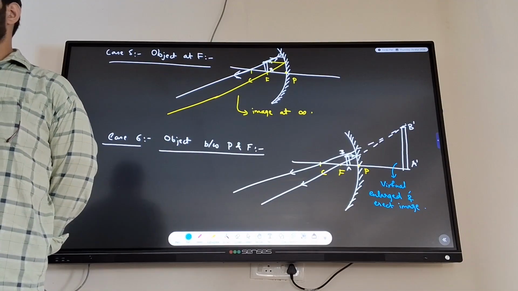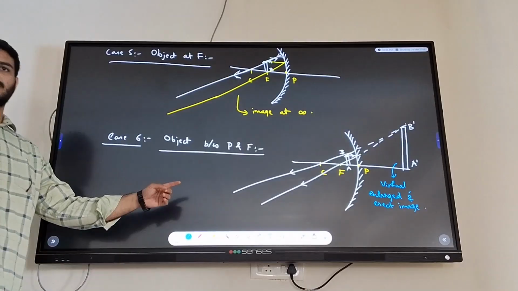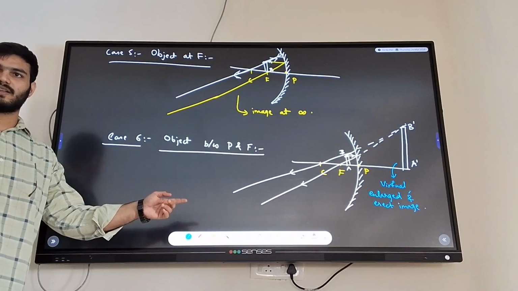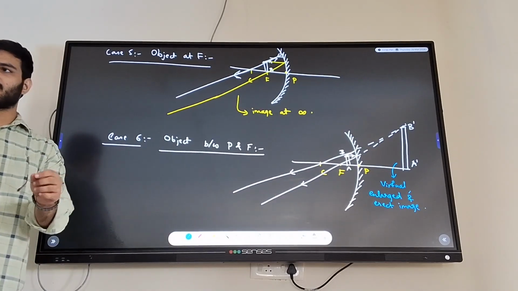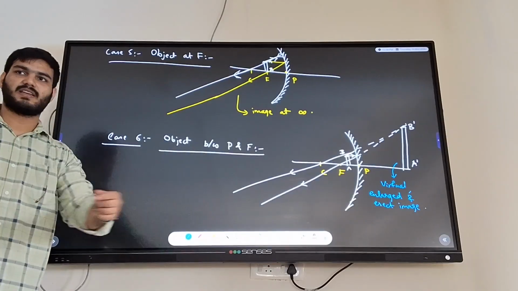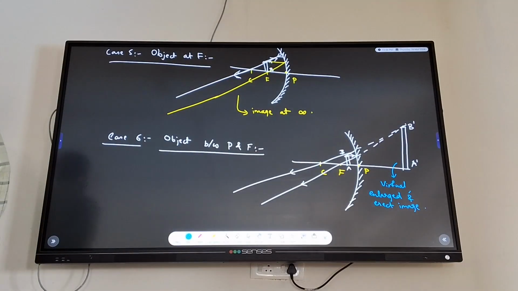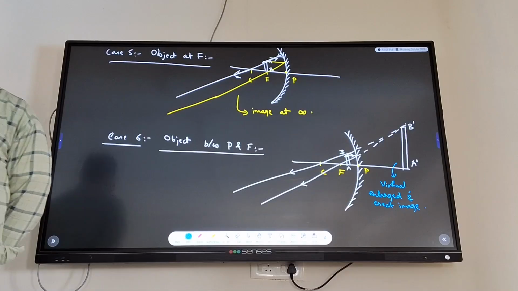Okay? And for imagination we have ray diagrams. But we need a formula at least to actually calculate if I put my object anywhere, then where will my image be created? This question should be answered, right? That we will answer by something called the mirror formula. And I will derive it in a moment.